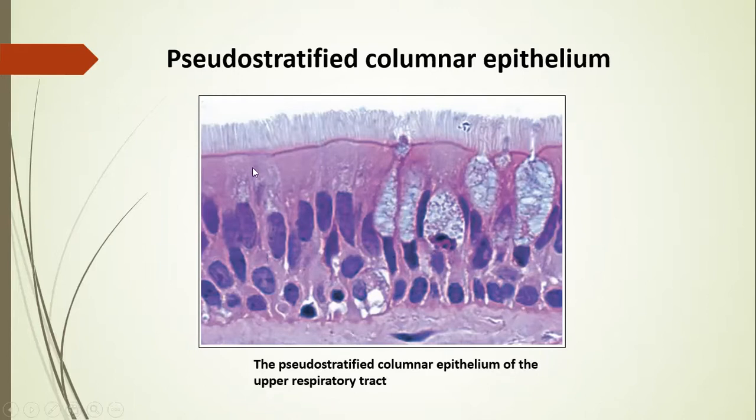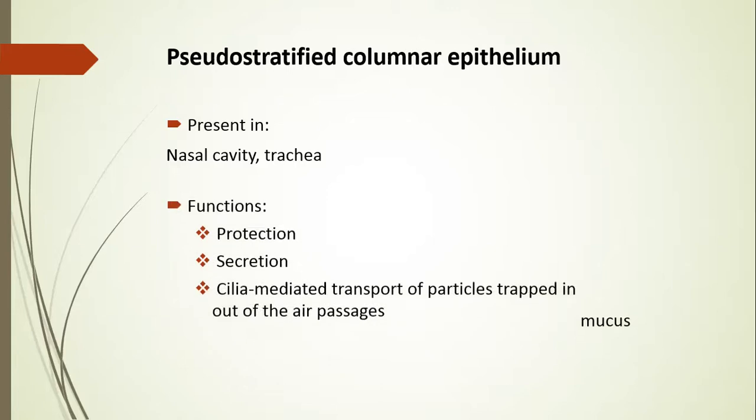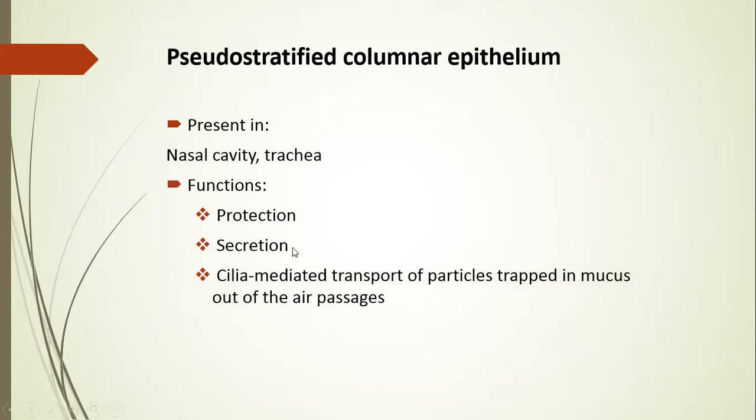It's ciliated pseudostratified columnar epithelium, present in the nasal cavity, trachea, and upper respiratory tract in general. The functions: protection, secretion, and cilia-mediated transport of the particles trapped in mucus out of the air passages.